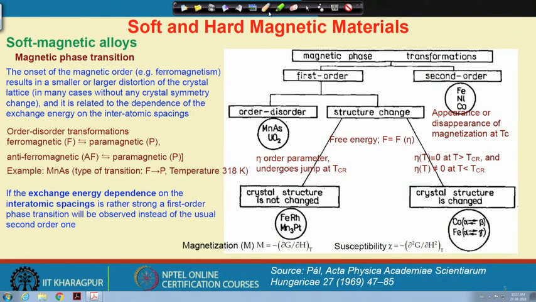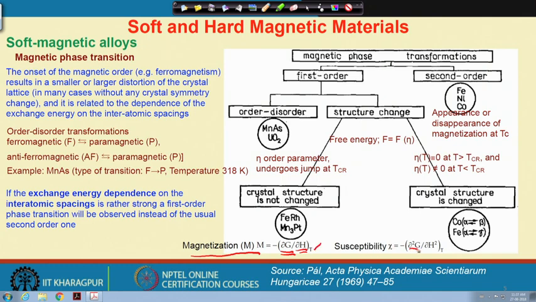And the phase transition, as we have discussed, is of two types, a first order or second order type of transformation, and first order transformations are characterized by the magnetization value, which is basically the first order derivative with the applied field. So, delta G by delta H at a given temperature, and if there is a discontinuity we call it a first order.